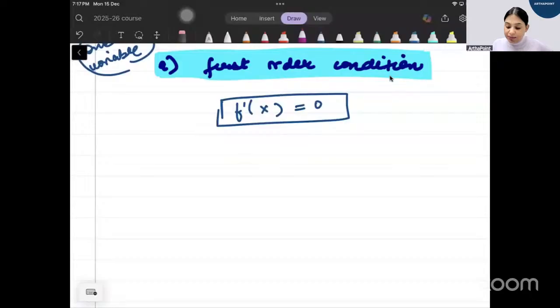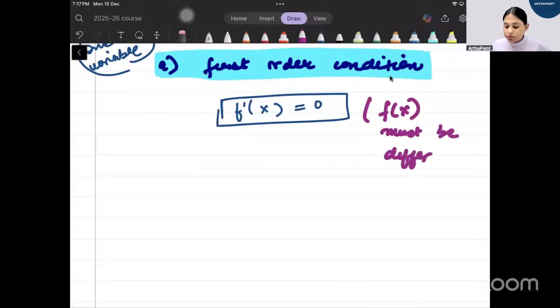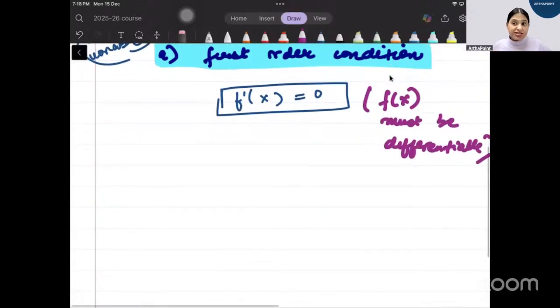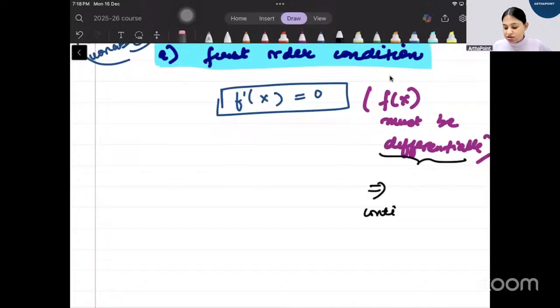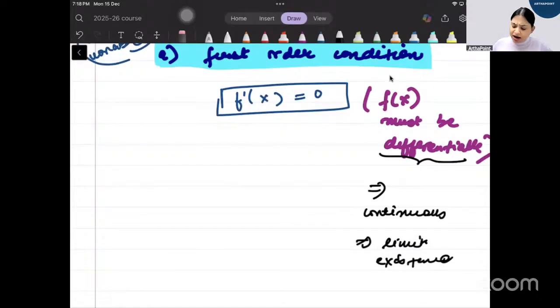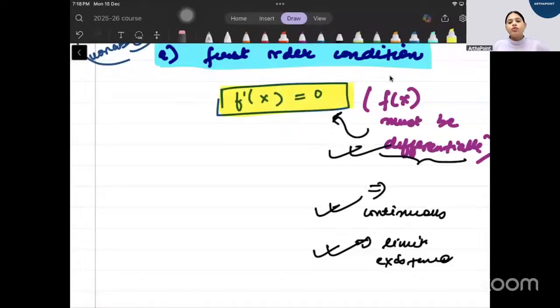So in the background, my function must be differentiable. अच्छा, और differentiable के लिए minimum चीज क्या चाहिए था? अगर differentiable है, it must be that the function definitely is continuous. It must be that the function definitely has existence of limit. तो ये सब रहा होगा. Limit must have existed, function must have been continuous, function must have been differentiable. That is why I'm able to differentiate the function and equate it to 0.